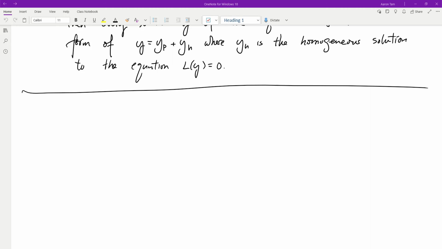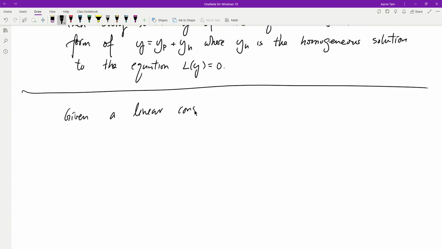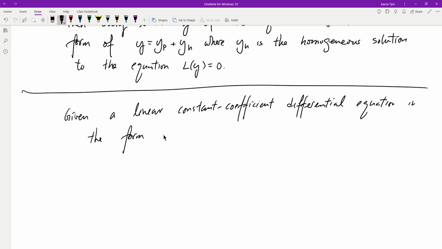So if you think about it, let's say we're given a linear constant coefficient differential equation in the form of L of y equal to some function f.